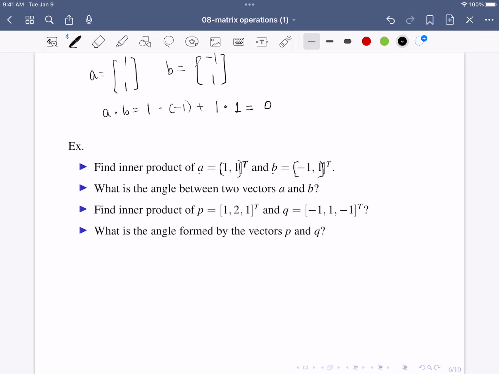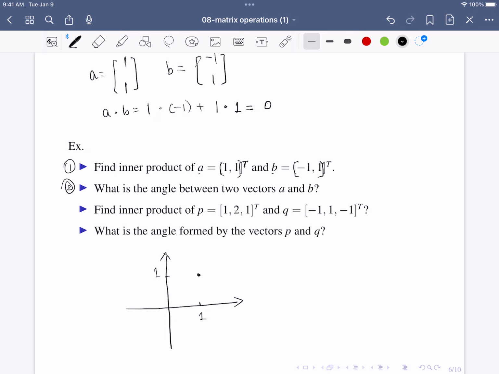Now what is the angle between the two vectors, A and B? For a two-dimensional vector, we can always put it into a plane. So 1, 1 is here.